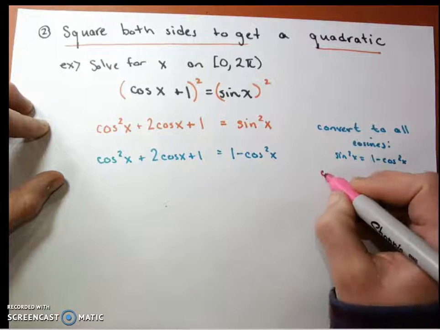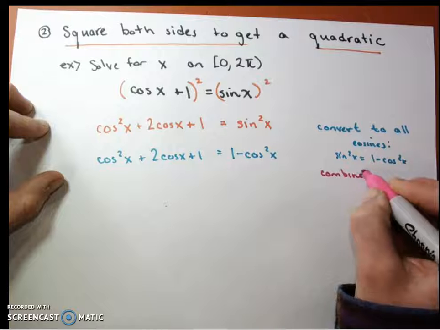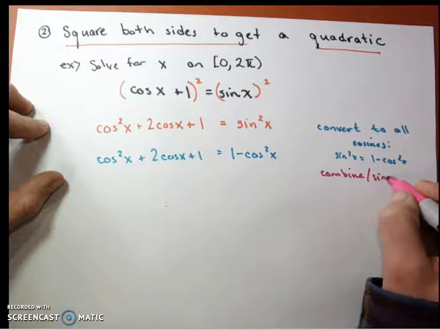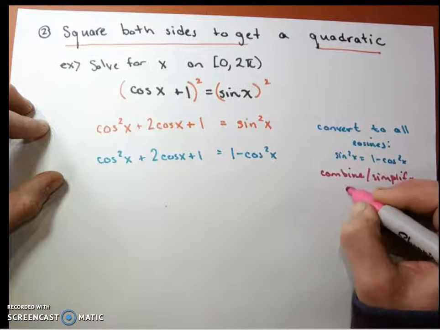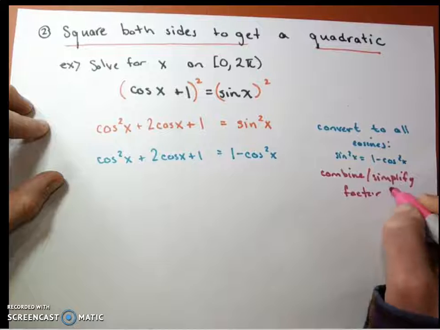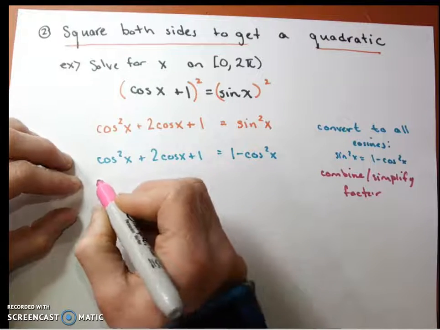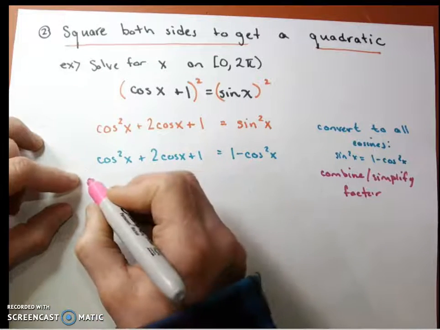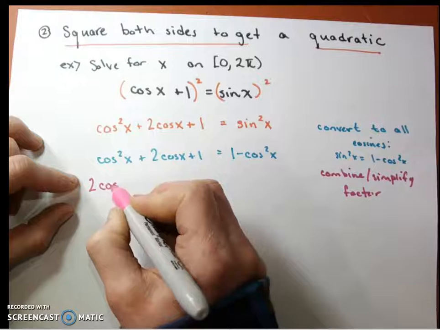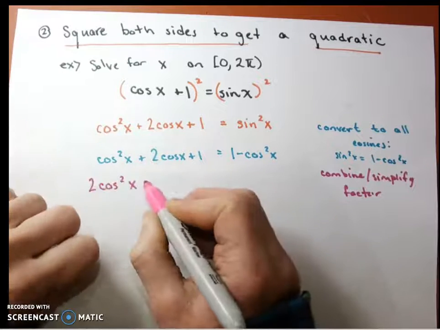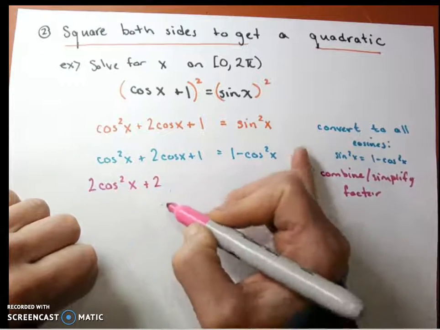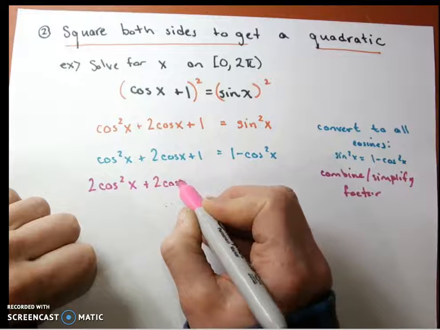Now I'm going to combine like terms, simplify, and factor. So I'll bring everything over. When I add cosine squared x to this side, now I have 2 cosine squared x. This term doesn't have anything getting added to it, so it stays the same.